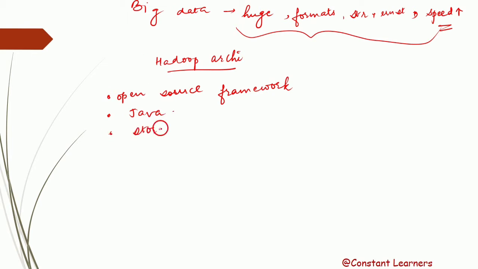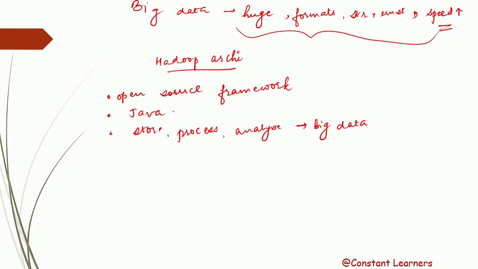It can store, manage, process and analyze big data. Okay, and this is what we want. The whole motive, the whole purpose of all of this is to analyze the big data so that we can get the important information, the information that can be used for business purposes.